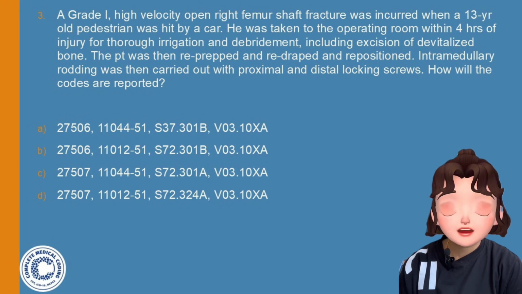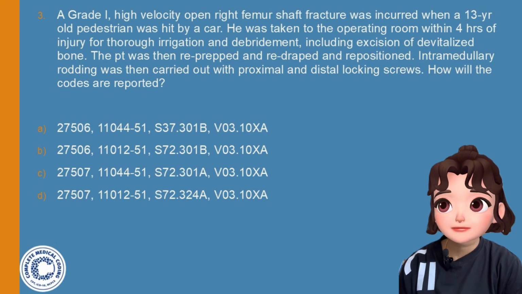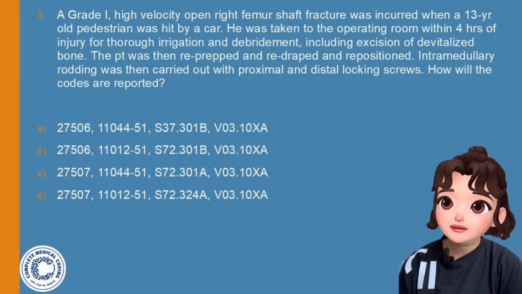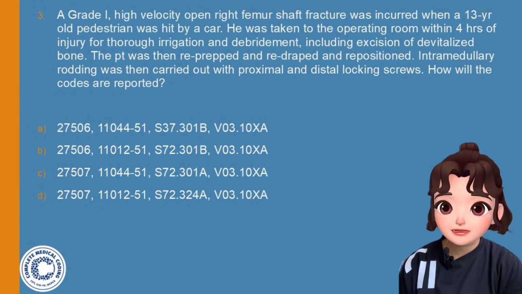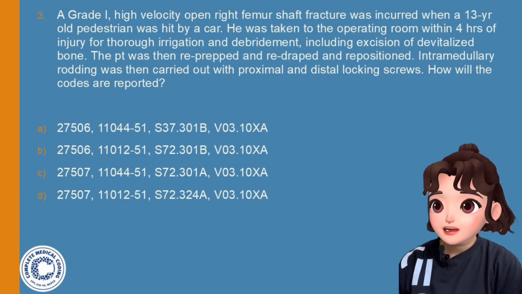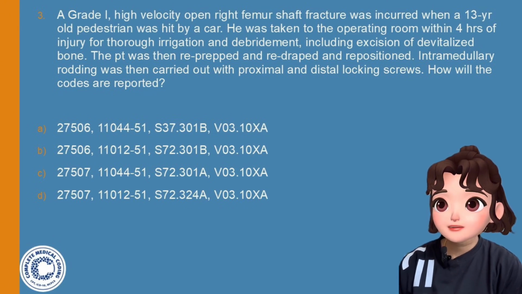Debridement including removal of foreign material and open dislocation. Example, excisional debridement, skin, subcutaneous tissue, muscle fascia, muscle and bone. Not only muscle fascia, muscle, but bone. Excision of devitalized bone as per our question. So this is the correct CPT code, 11012. So we already got the answer, right? As option B. Still, you have to code with modifier 51.